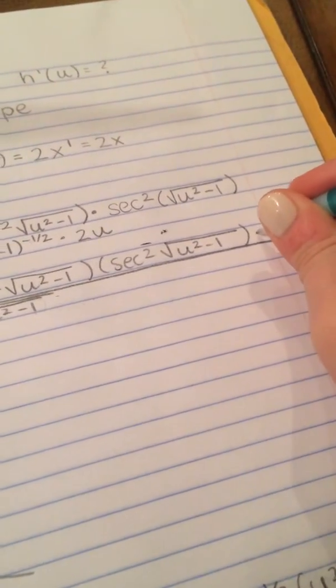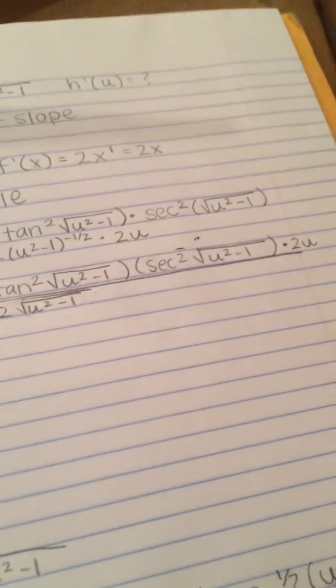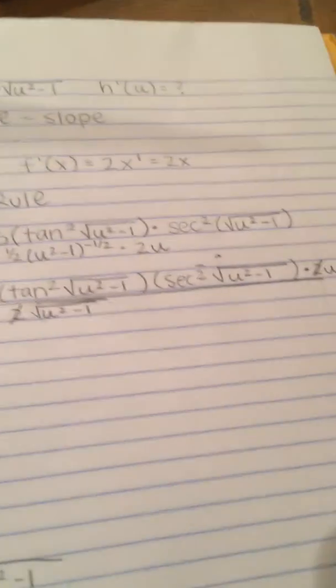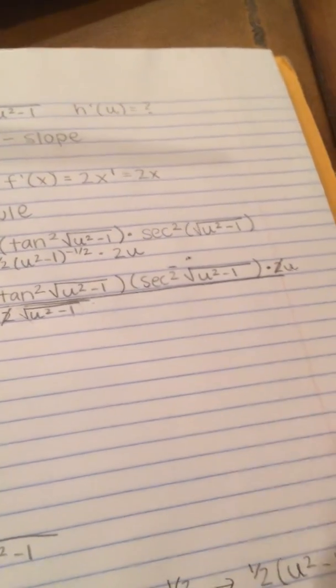Then you multiply the top by 2u. Then you can cancel the 2's on the top and the bottom because they're equal.